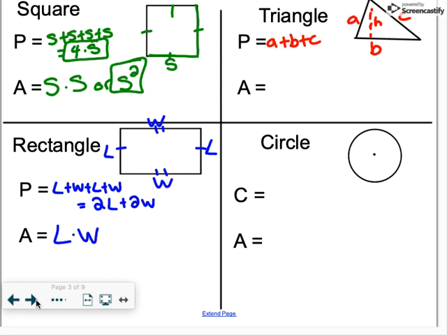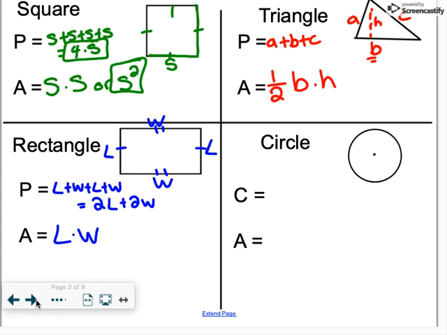And so in a triangle, to find the area, our formula is 1/2 base, which is why I labeled this one B. That's the base of our triangle times the height of our triangle. So the base times the height, and then times 1/2.